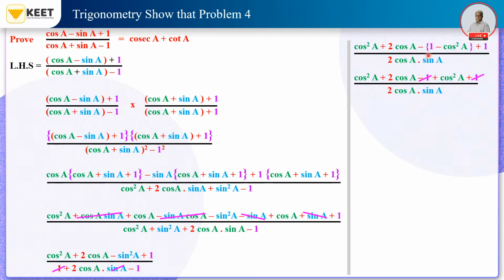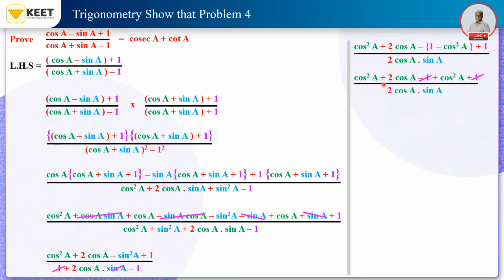So on opening the bracket, we have minus 1 and this minus 1, minus sign outside the bracket, minus sign inside the bracket, cos square A will become plus. Here you have minus 1 and this minus 1, I have cancelled it so that I can have more space in writing below. Cos square A is kept as it is, 2 cos A is kept as it is. Then this cos square A will remain as it is after opening the bracket.